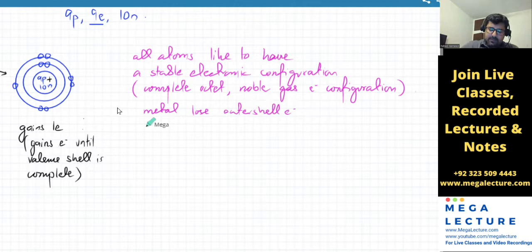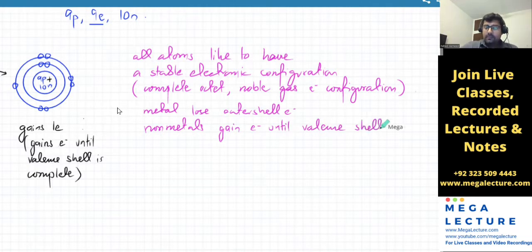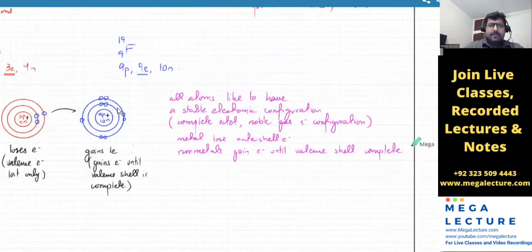And vice versa, non-metals do the exact opposite, until the valence shell gets completed. And both of them turn into ions. So they like to form ions, right?